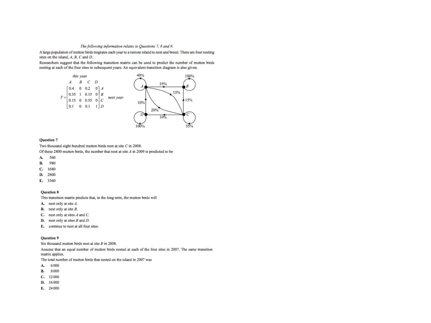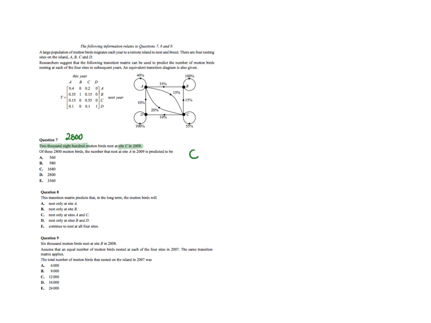Now, it said 2,800 martin birds sit at sea in 2008. So we've got 2,800. We might just want to write that as a number. In Site C, of these 2,800 martin birds, the number that nest in Site A in 2009.